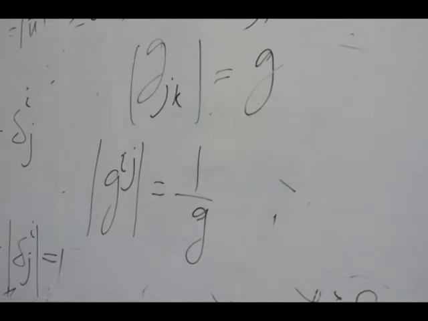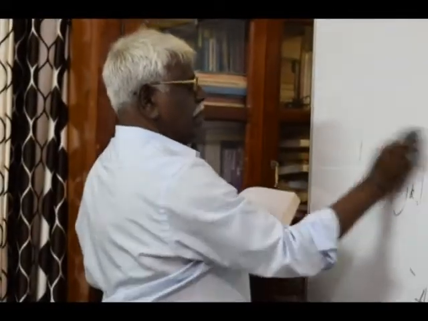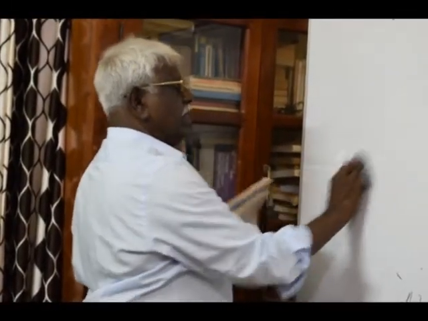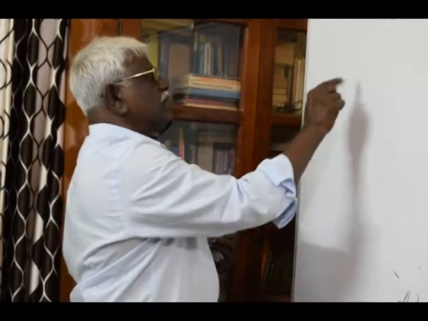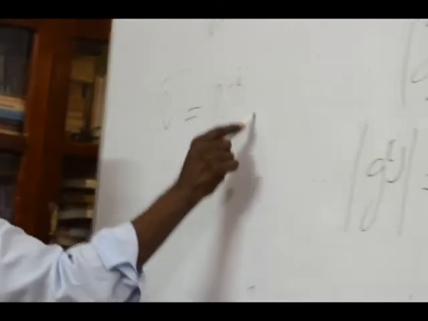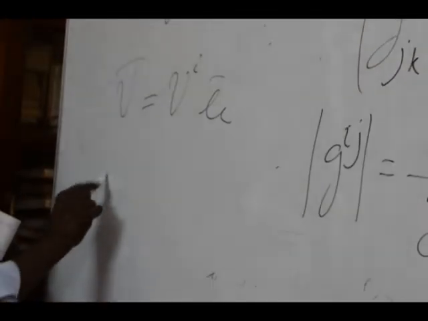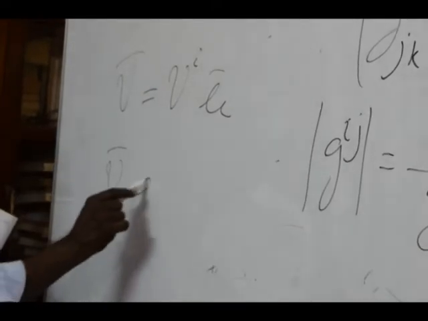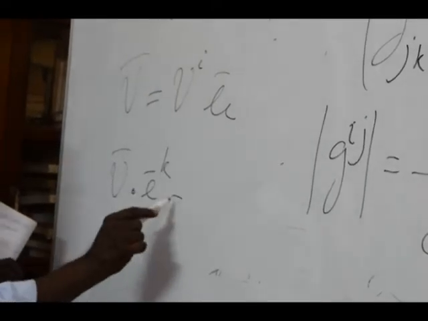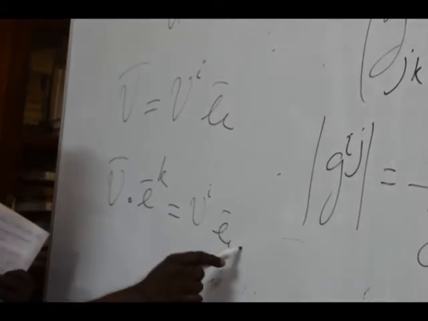And say any vector I wrote, say vector V is equal to Vi Ei. Now dot on both sides with Ek. V dot Ek equals Vi Ei dot Ek.